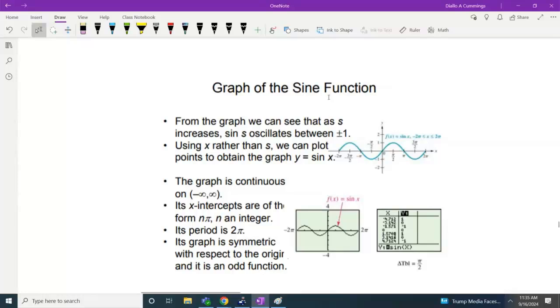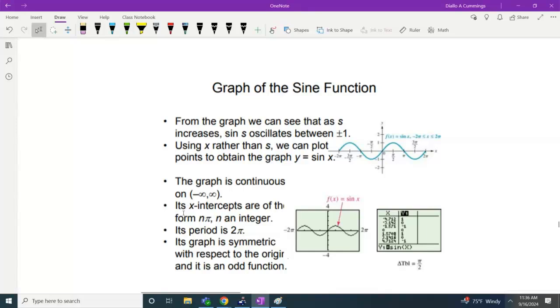But you see it here. The sine function is an odd function. Okay. So remember that odd functions are symmetric with respect to the origin. The graph is continuous. That means you can put your pencil on the paper and trace the entire graph without removing the pencil from the paper.